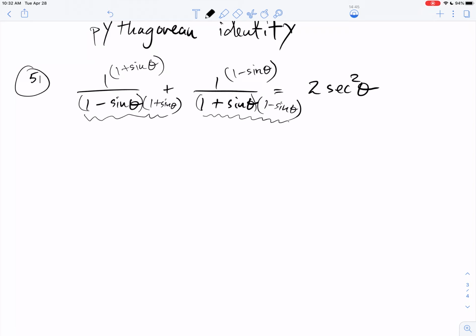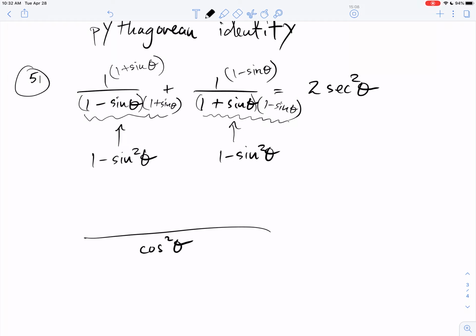I'm going to get the identical answer, which is 1 minus sine squared theta. You can check it. If it's 1 minus sine squared theta, hey, that's using that Pythagorean identity. This guy's going to be the same dude. But guess what? They are both this. That's what they are. So let's take a look at what's in the top then.